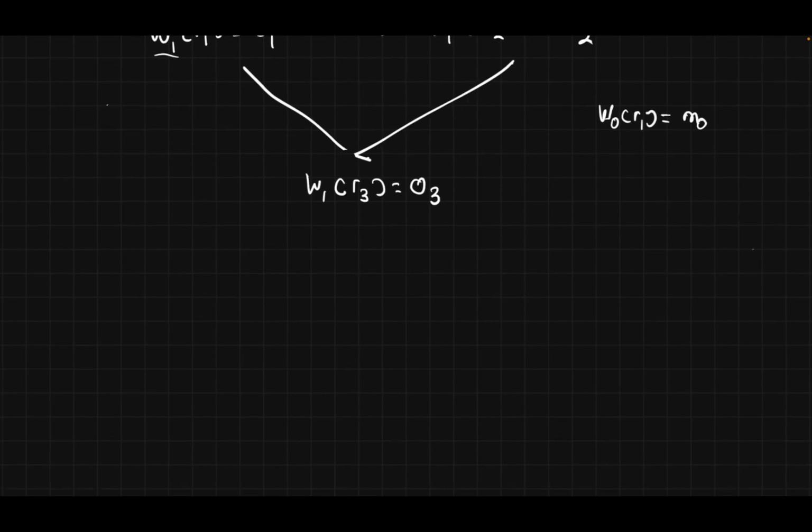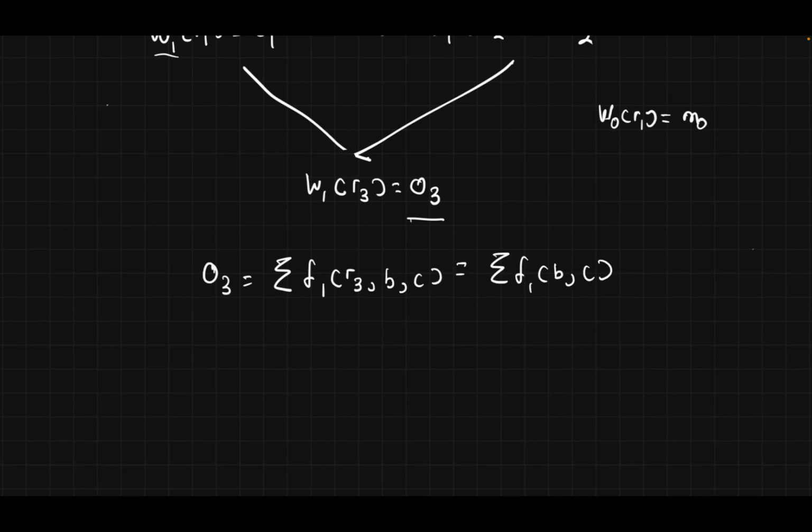Okay. So, quick run through. This is now the claimed sum, right? So O3 is the claimed sum of F1 evaluated at R3 BC, which is something like the claimed sum evaluated at F1 BC, where we have already partially evaluated R3. This makes sense?